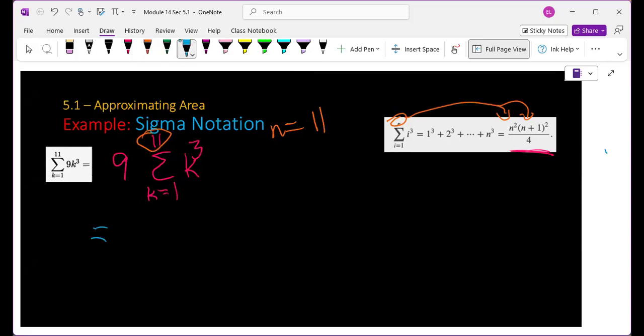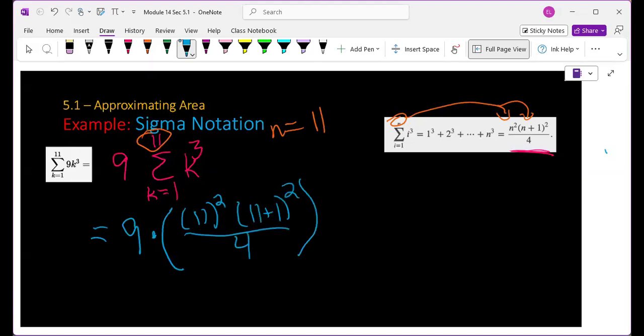So when we start working on it, we're going to have that formula, but instead of n, I'm going to write 11. So it'll be 11 squared times 11 plus 1 squared all over 4.